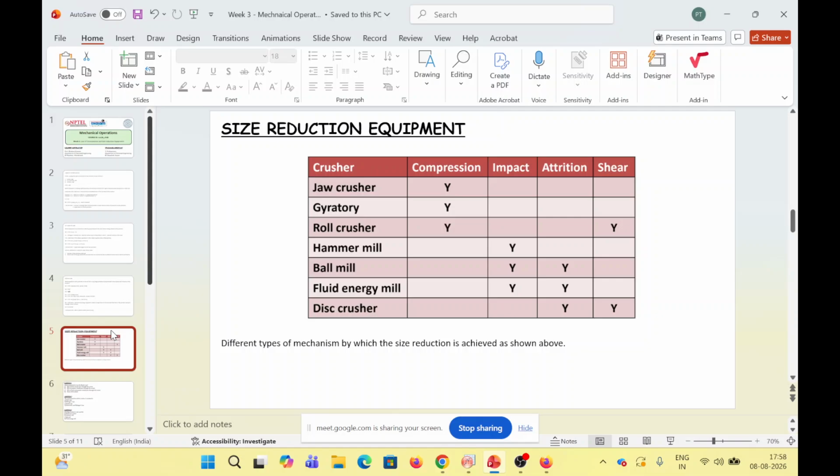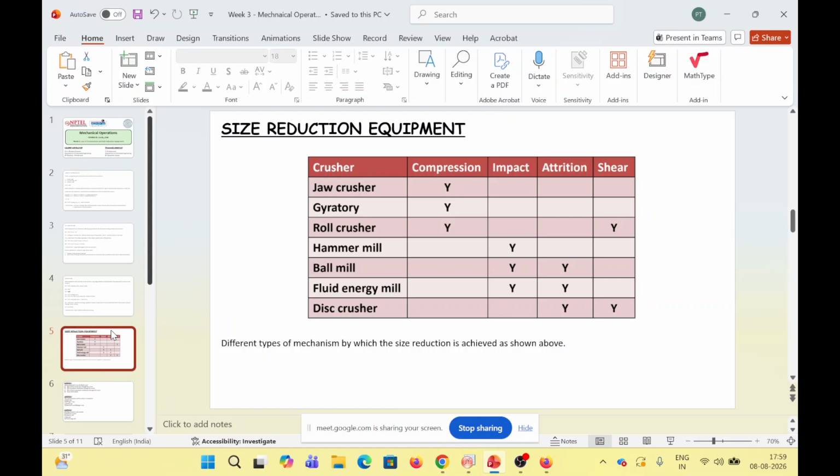Now come to size reduction equipment. When we talk about laws of comminution or comminution as a process, we need to talk about how to reduce the size of the particles also, right? For that you are going to require equipment so that you can feed in or charge in the material. It breaks by whatever means it is designed to, and then it can give you the product.